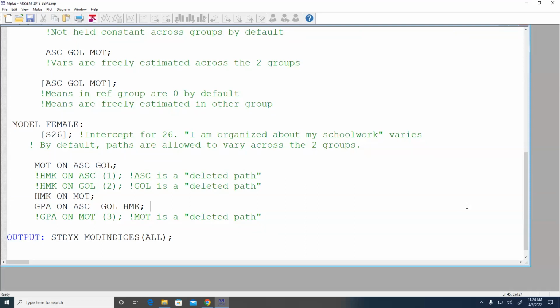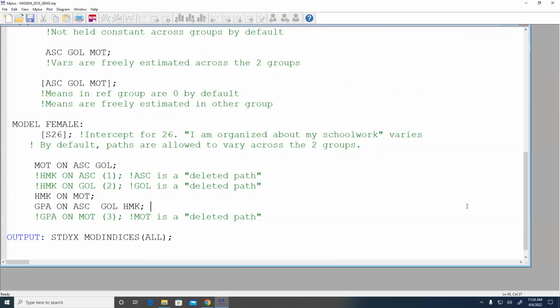But this pathway is stronger in one group than another. You could even have something where the effect is negative in one group and positive in another, or whatever. But that isn't necessarily always the case. Maybe it's just really strong in one group and much weaker in the other. But again, it's not saying anything about means.